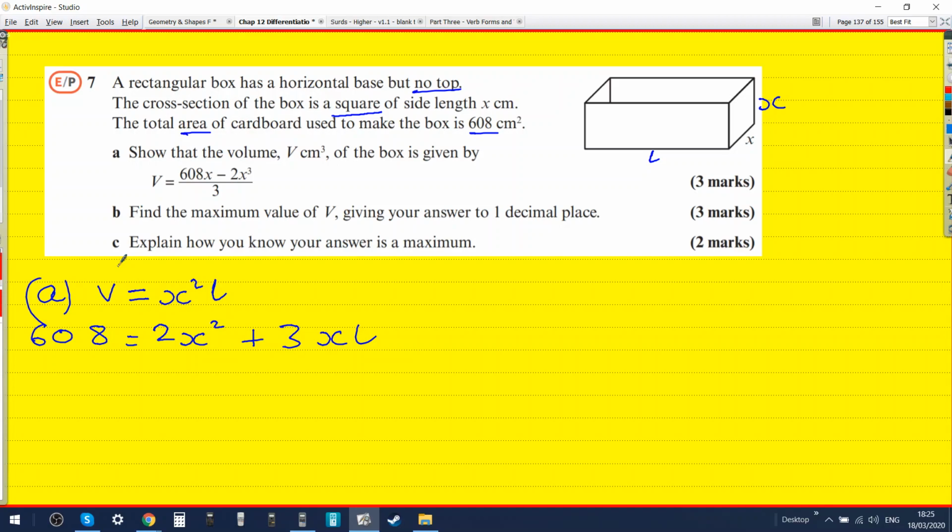So how do we get rid of L? You would make L the subject in the other equation.